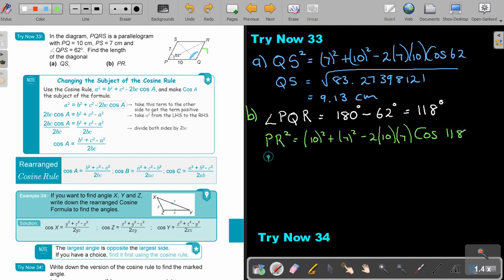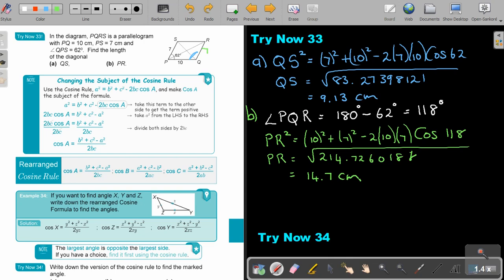And then I will just take the square root, and that will be 214.72601888. Don't approximate there, but here you approximate to 3 significant figures, always for sides, and that's how you do it.